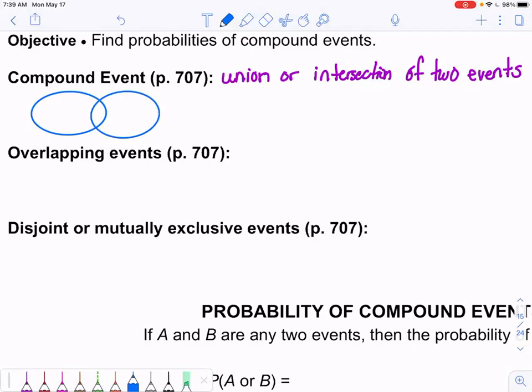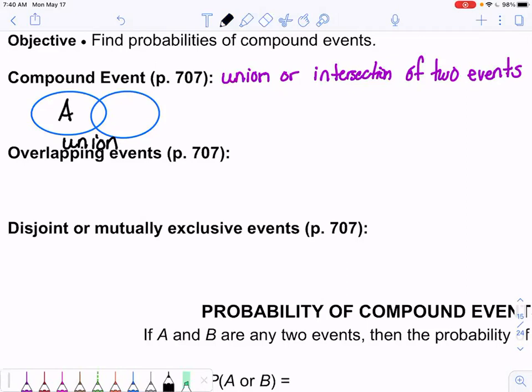Last year in geometry, closer to the beginning of the year, you looked at Venn diagrams and you looked at the union of events in Venn diagrams. You looked at the intersection of events in Venn diagrams. We're going to draw 3 different little Venn diagrams just to get a picture of what's happening. So the first one here, we're going to say this is the union of 2 events.